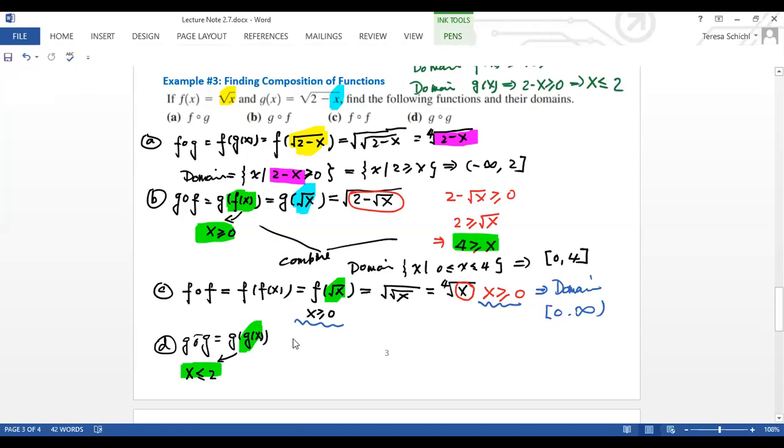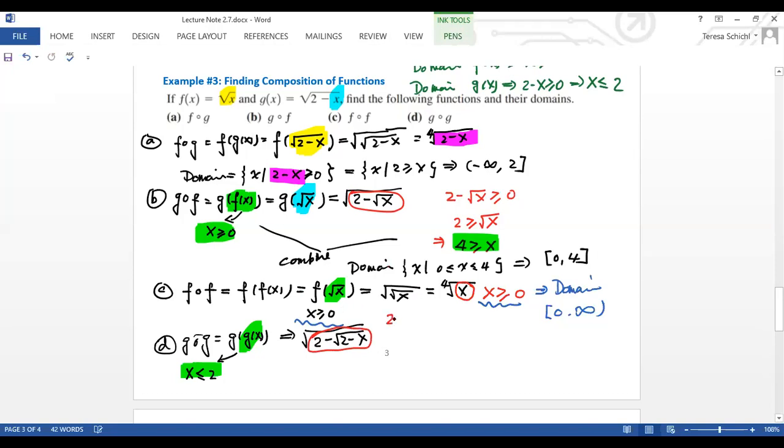Now in here, I have g(x) inside the g. So I need to replace the x with g(x). This will give you the square root of 2 minus the square root of 2 minus x. This is my second condition, so I need to find the domain here.